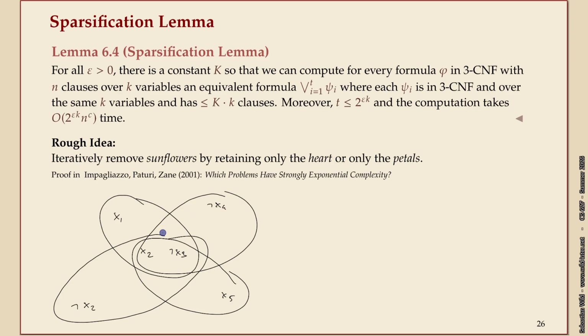And then it says you can satisfy all of those clauses by either satisfying their center or by satisfying all the petals. So you can either satisfy this or all of those 4 together. And that's where this disjunction of 3-sat formulas comes from. You get one part for the inner bit, either that is satisfied or the and of all the petals of what's left. And you need a clever recursive algorithm to make sure that you get rid of enough clauses that way. That's the part that's not very clean, or it gets very technical.